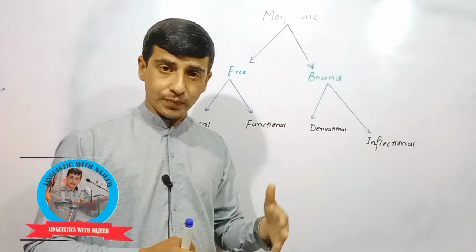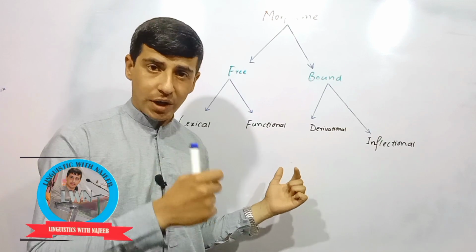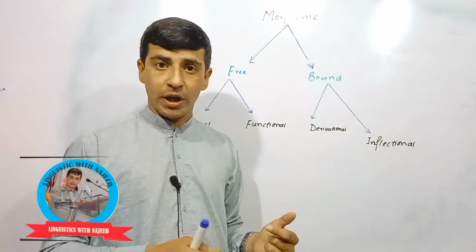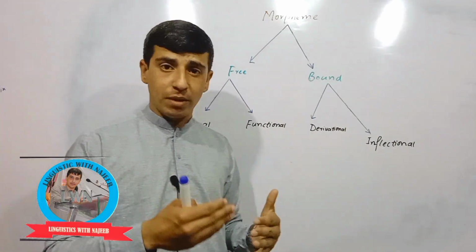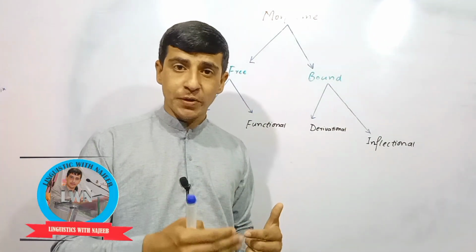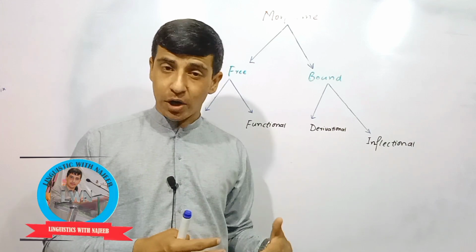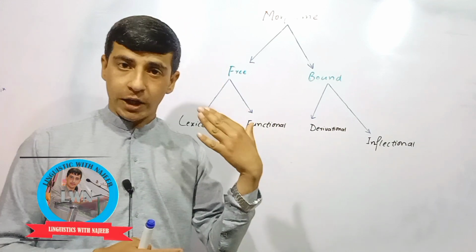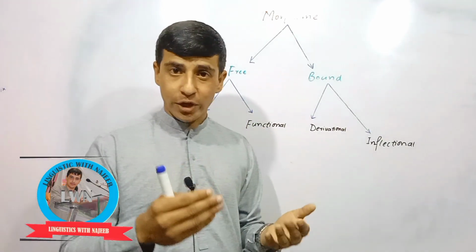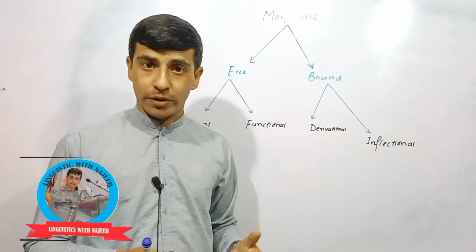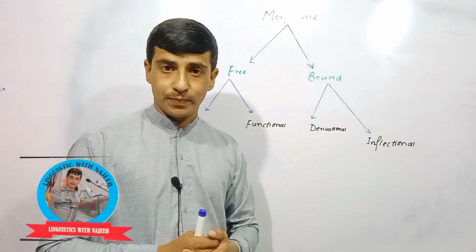Functional morphemes are those morphemes which do not carry the primary meaning of words, and the words in functional morphemes belong to the closed class of parts of speech. For example, the closed class parts of speech are the prepositions, conjunctions, pronouns, interjections, and also the determiners. So they belong to functional morphemes.